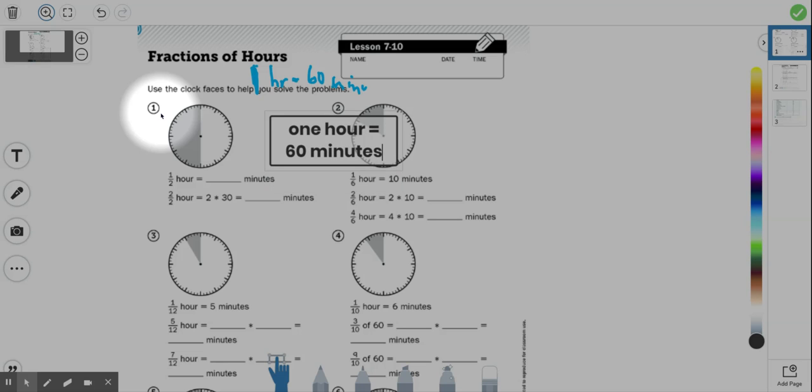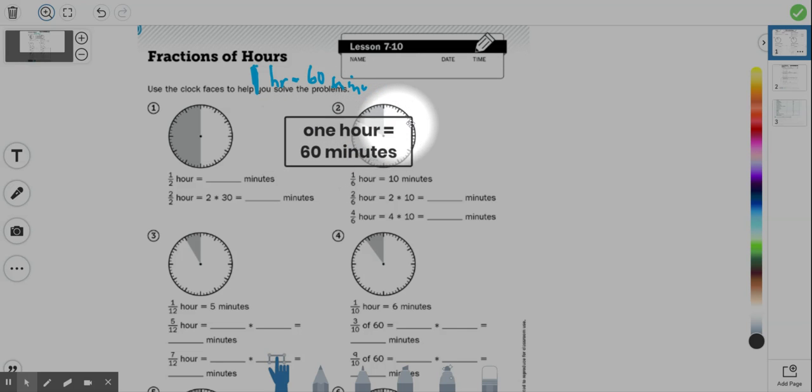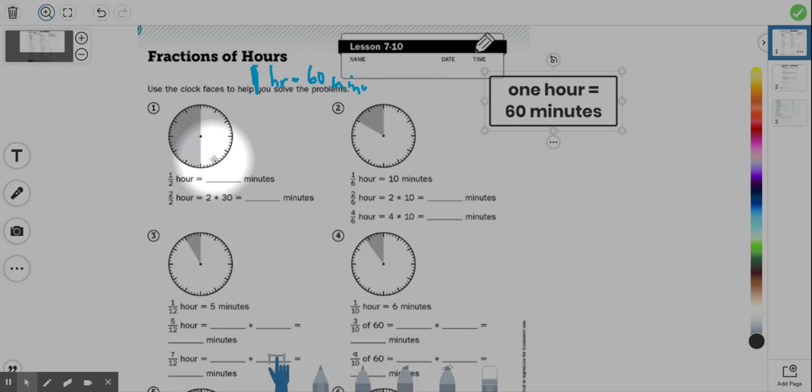There. Good. All right, let's pull that out of the way. So half an hour has to equal 30 minutes. It's kind of a weird thing to move around this thing. So half an hour equals 30 minutes.